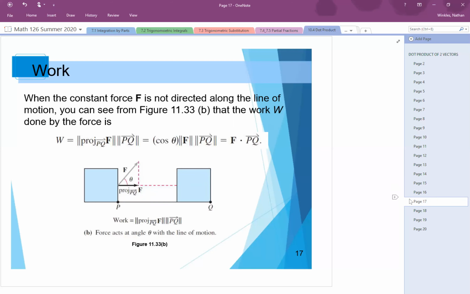If we rewrite that projection piece, we get cosine theta times the magnitude of F times the magnitude of PQ, or in other words, F dot PQ. This is if we're acting at an angle instead of straight on. If we push straight on, we have different formulas than if we push at an angle.